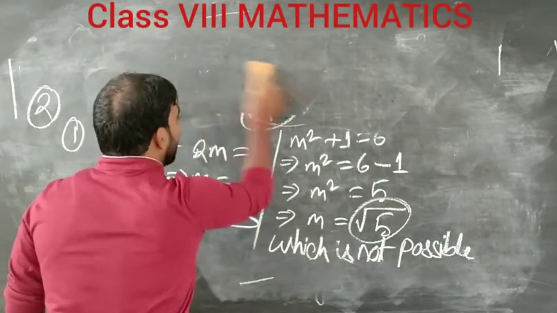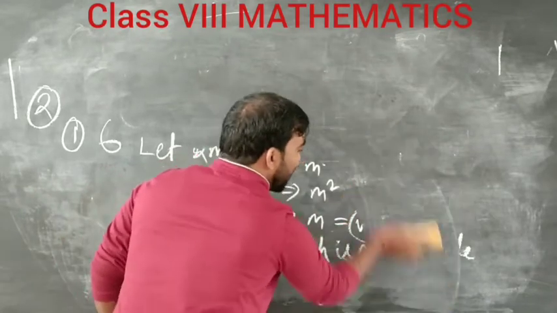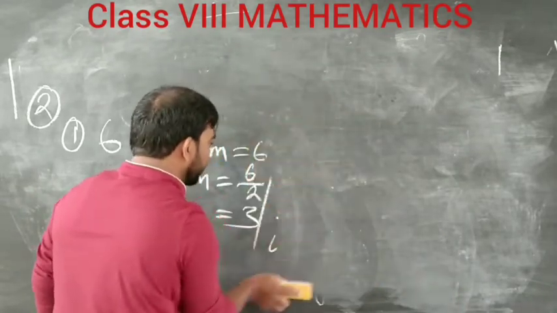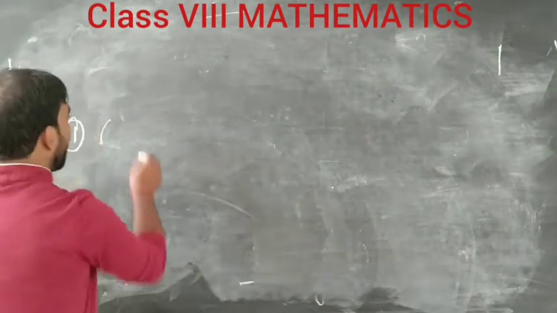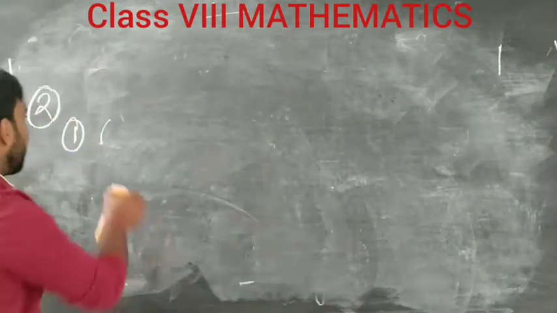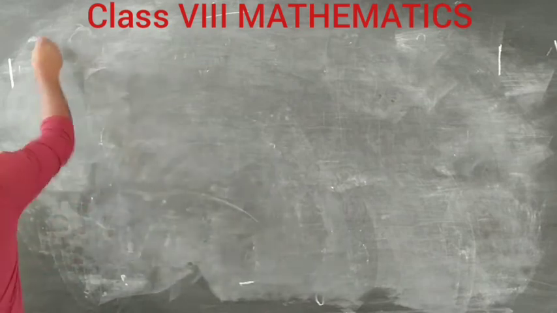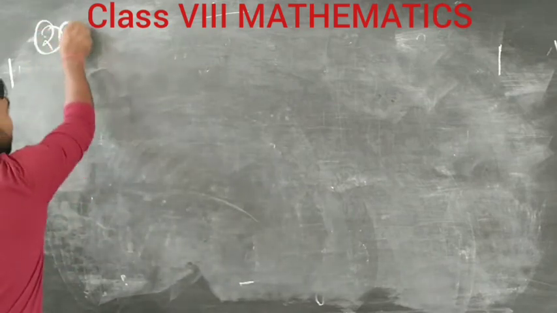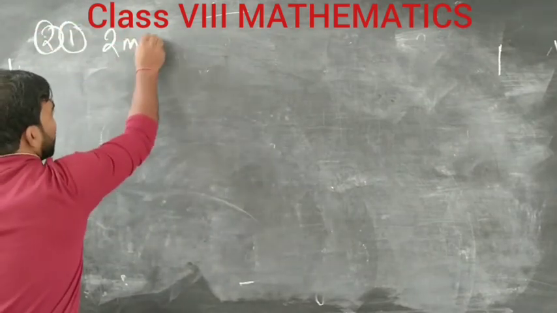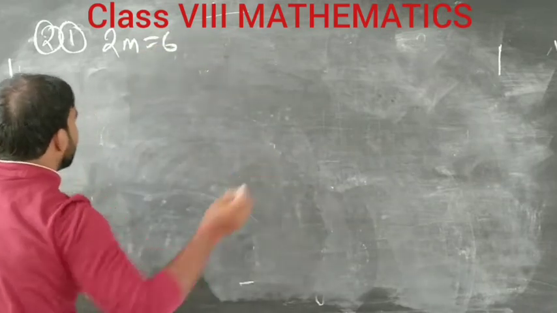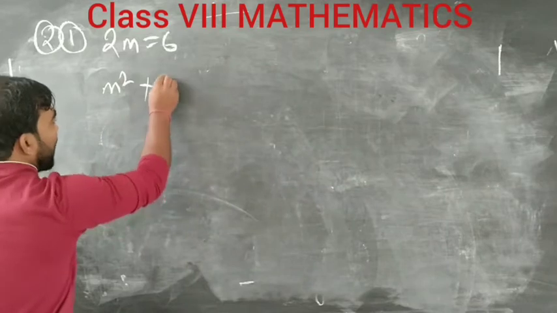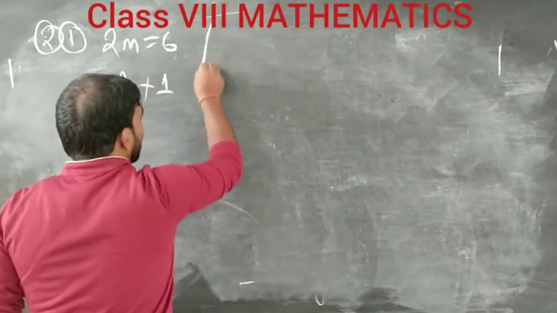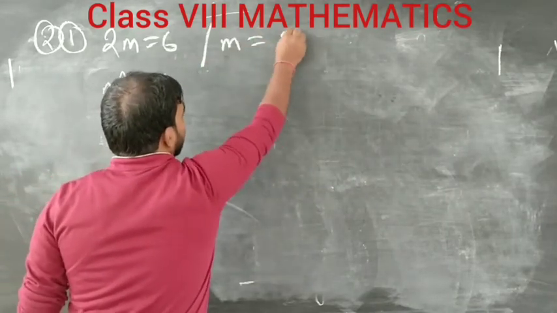Now we have to find out the value of m square plus 1 and m square minus 1. The first one is 2m equals 6. Then the second one will be m square plus 1. From this equation we are getting m equals 3.